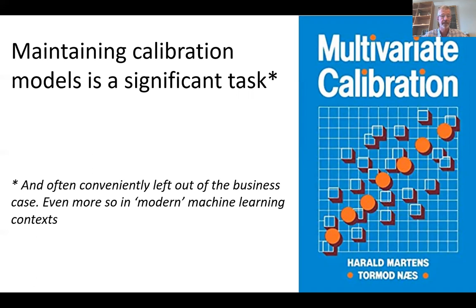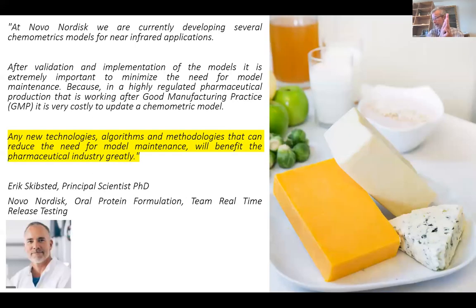They tended to forget that there's also some maintenance afterwards. But it is a substantial effort, and those who work in companies where you have hundreds of calibration models will know that, and therefore there's also an interest in how we can lower the workload of maintaining calibration models, which is what I'm going to talk about here.